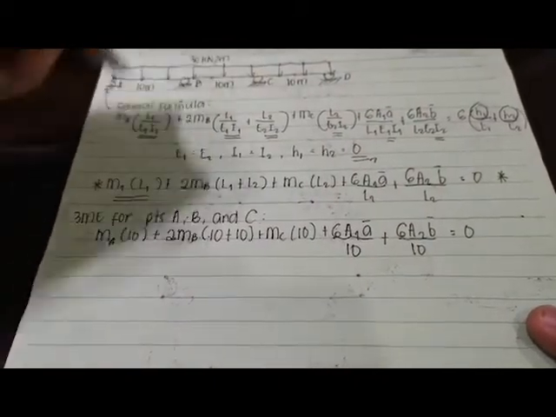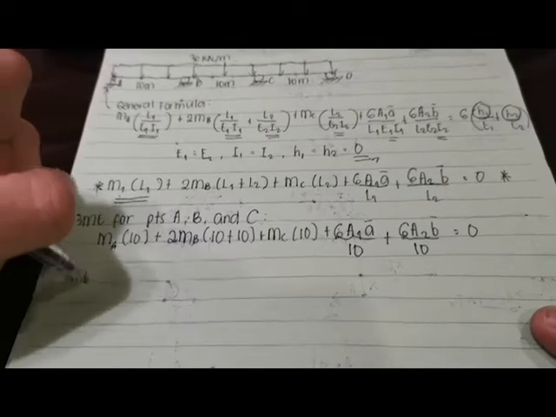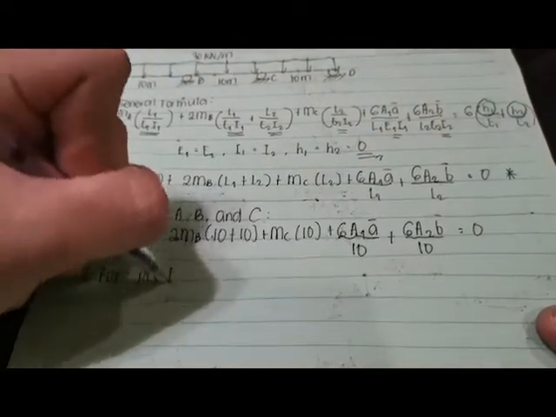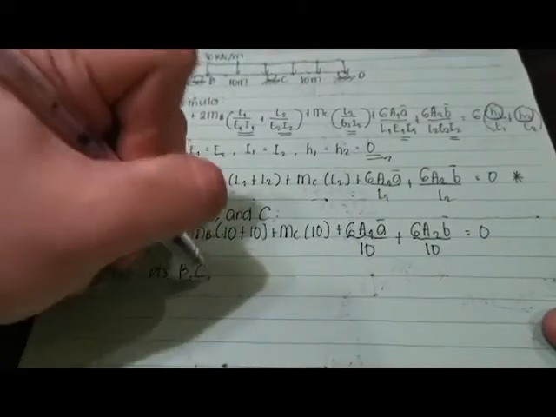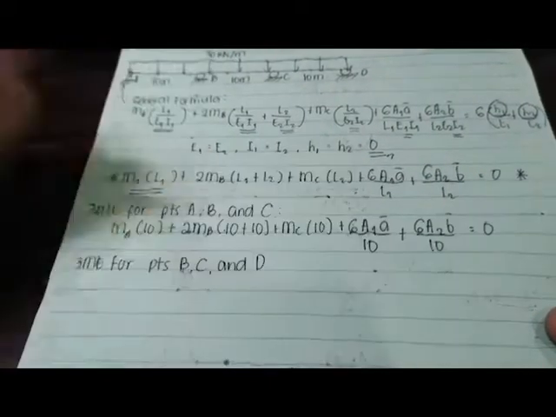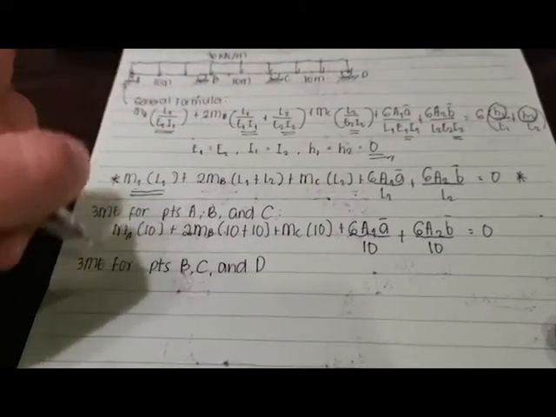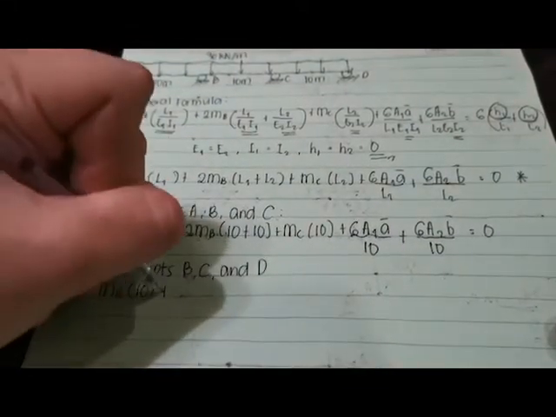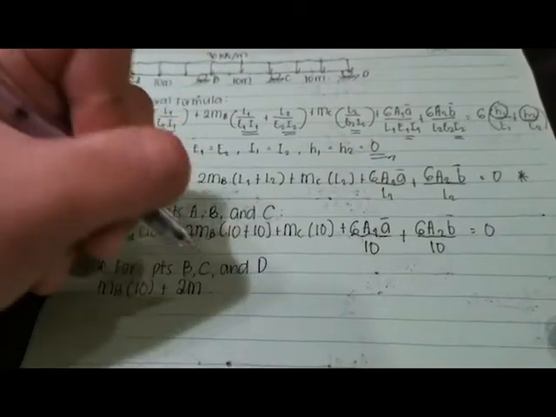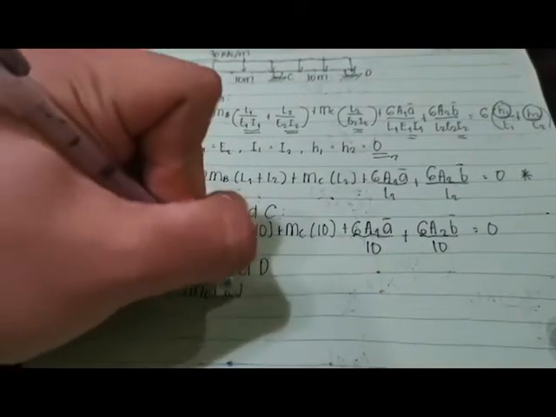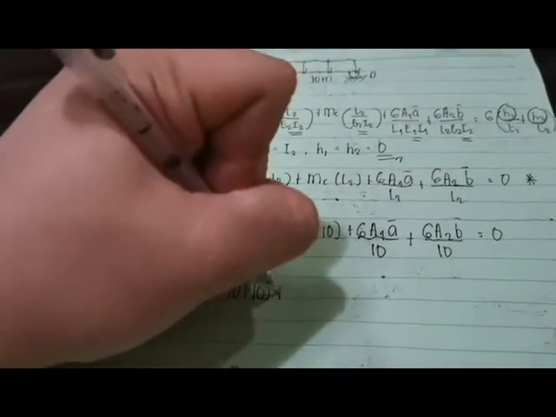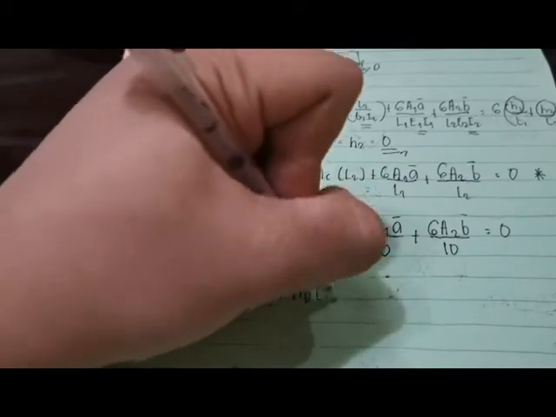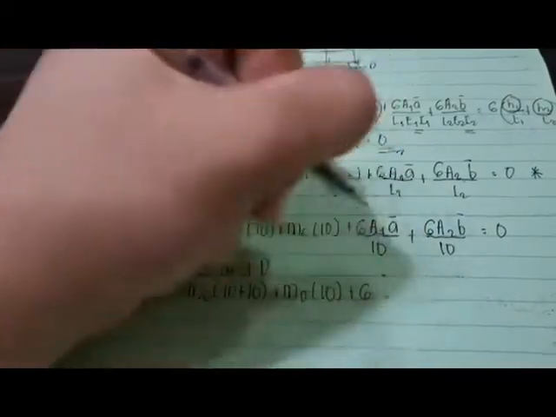Next, we're going to form three-moment equations for points B, C, and D. So the moment at B times 10 plus 2MC times 10 plus 10 plus MD times 10 again plus 6.